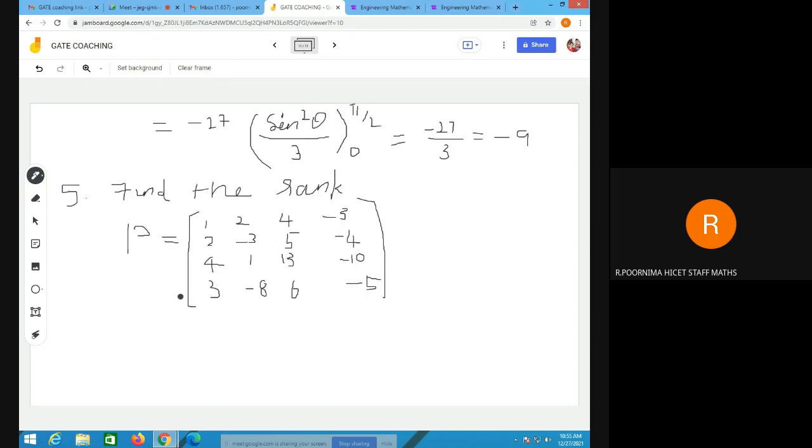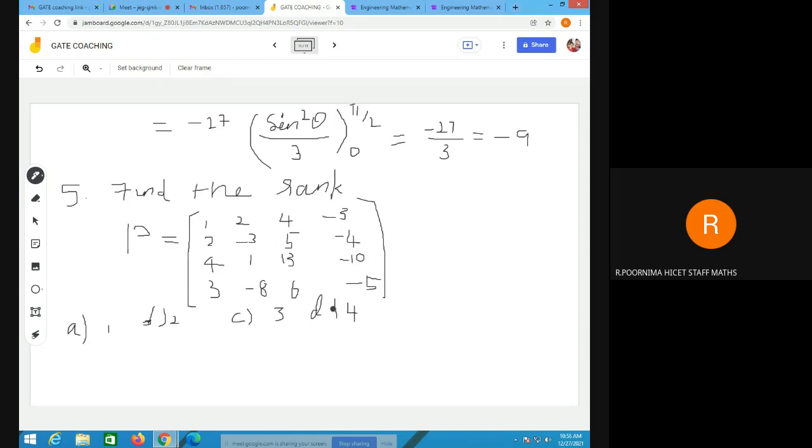We need to find the rank of the matrix. The options are given, with choice D being 4.